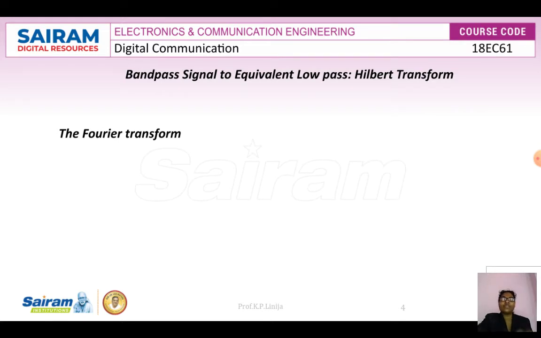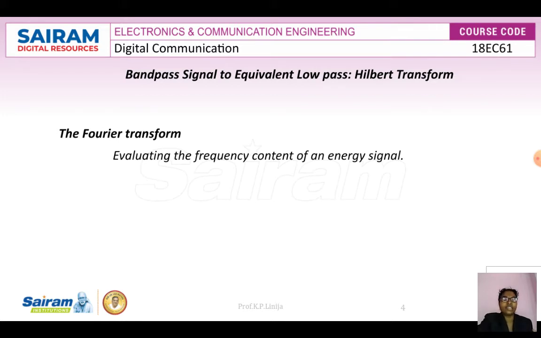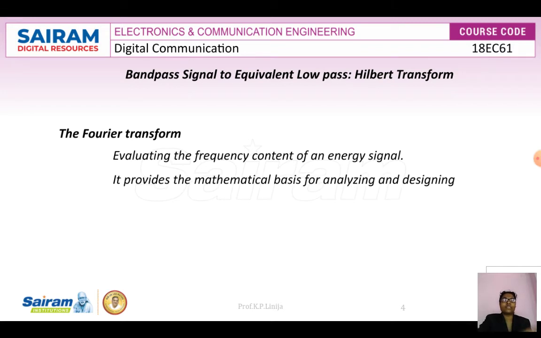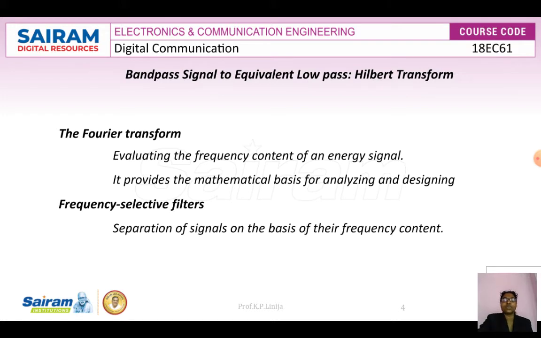This Fourier transform is useful for evaluating the frequency content of an energy signal or a power signal, and it also provides the mathematical basis for analyzing and designing frequency selective filters. For what purpose do we want to design or analyze these frequency selective filters? These frequency selective filters are used for the separation of signals based on the frequency content.